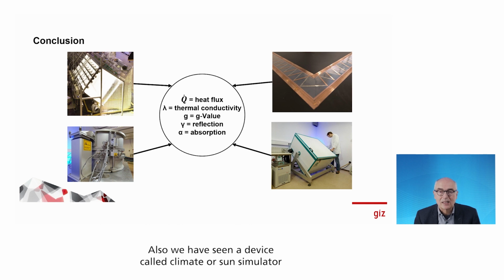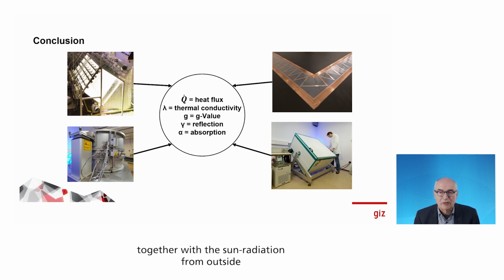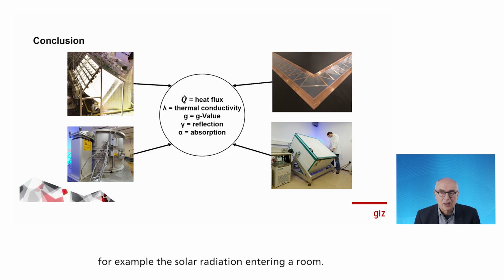Also, we have seen a device called climate and sun simulator, which can be used to evaluate the energy flow through a transparent or opaque component together with sun radiation from outside. This gives us the knowledge to calculate, for example, the solar radiation entering a room.